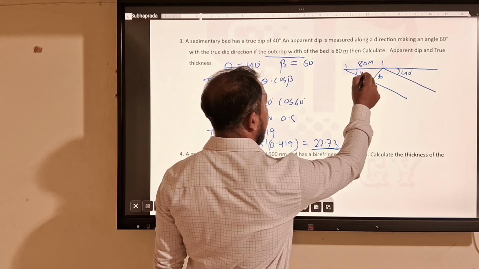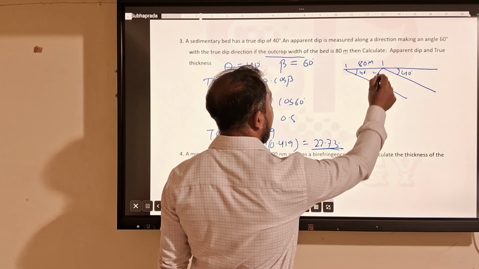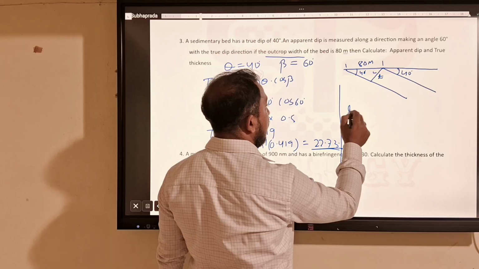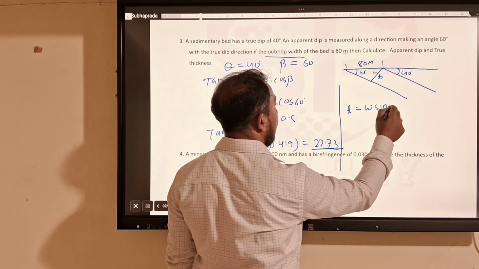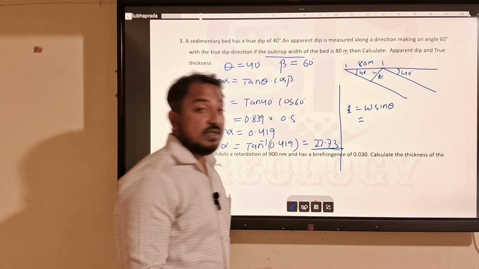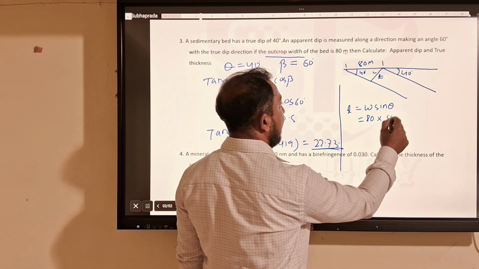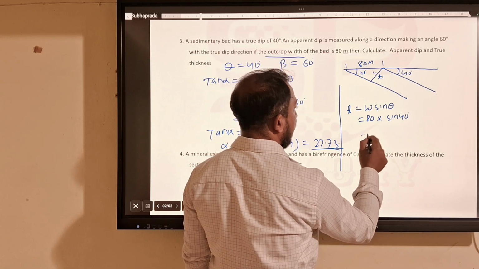Now this is given as 40 degrees. So we have to calculate T. The formula for true thickness: T equals W sine theta. W is the outcrop width, which is given as 80 meters, into sine 40 degrees.